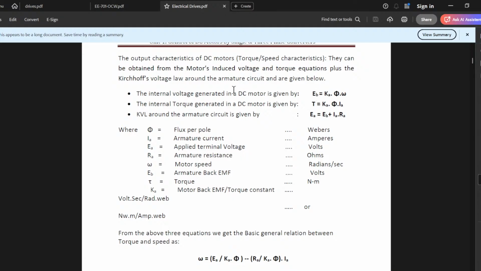The internal torque T is equal to Ka phi Ia. KVL around the armature circuit: EA is equal to EB plus IA RA.